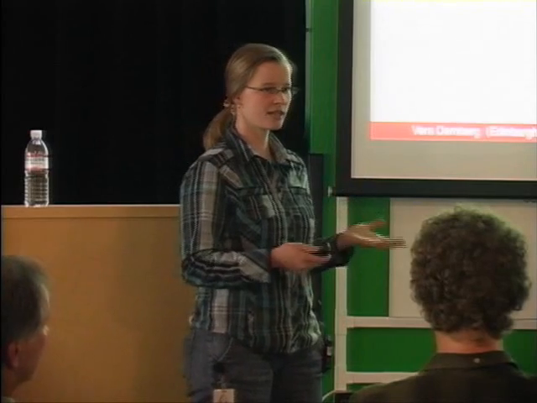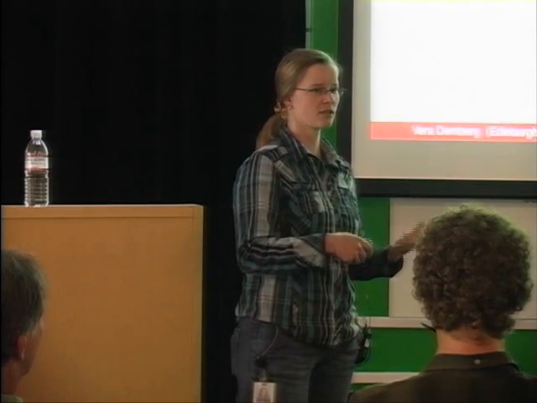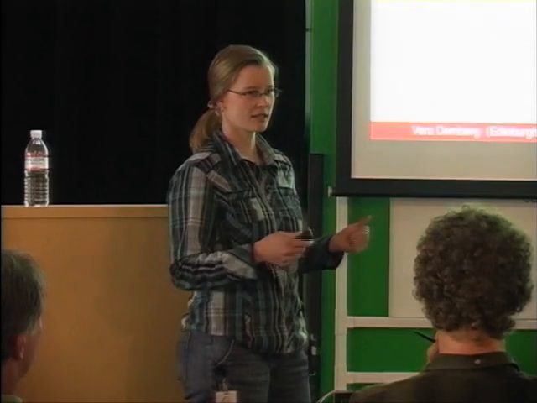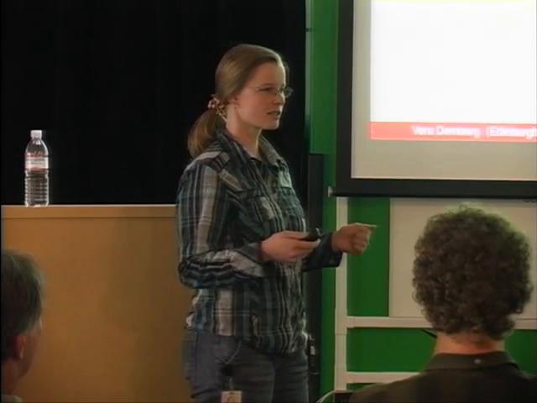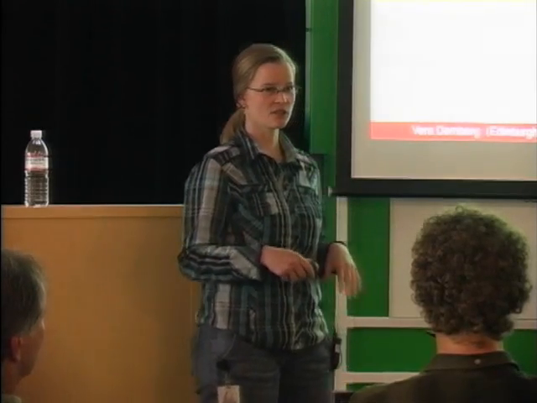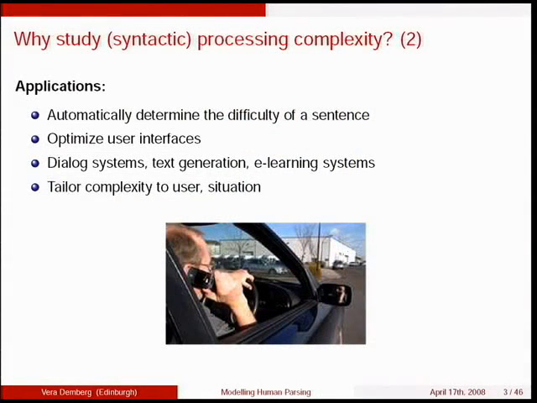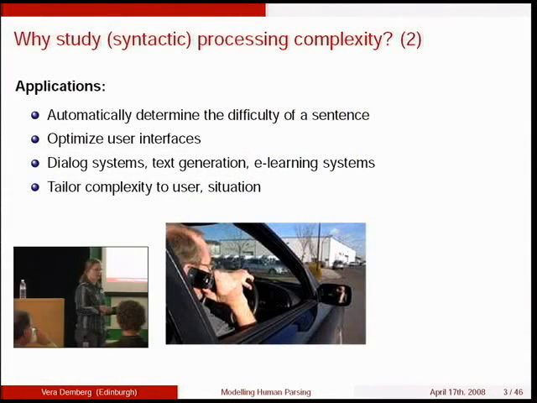For a dialogue system, it's been found that if you present the user with really complex sentences or difficult decisions, they perform worse at driving, they make driving errors, and they also like the dialogue system less. So, depending on the situation, when they have other stuff to do, we might want to change that function and say, okay, now we're going to generate really easy stuff.